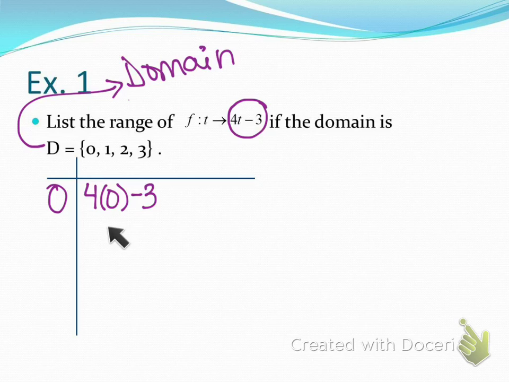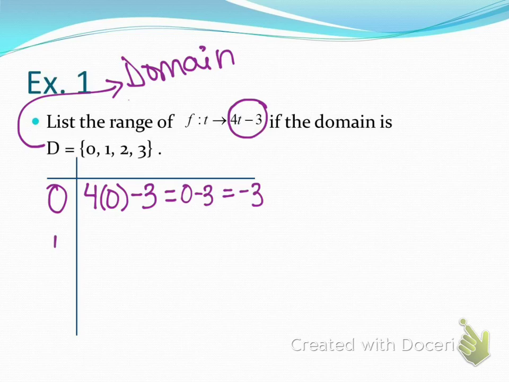What's going to happen first here? Multiplication. What's 4 times 0? 0. 0 minus 3 is negative 3. So negative 3 would be part of our range.